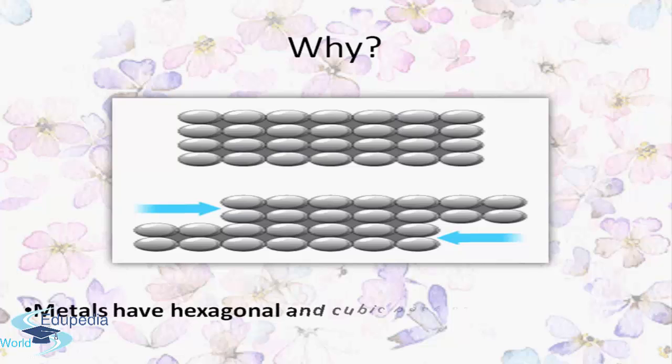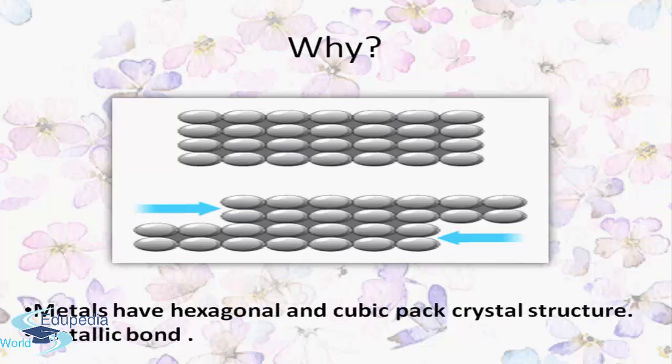So metals have a hexagonal and cubic packed crystal structure. This is the main reason why metals are malleable. And the second most important factor is the metallic bond between the atoms, which involves all the metal atoms in a piece of metal sharing their valence electrons with a delocalized bond.